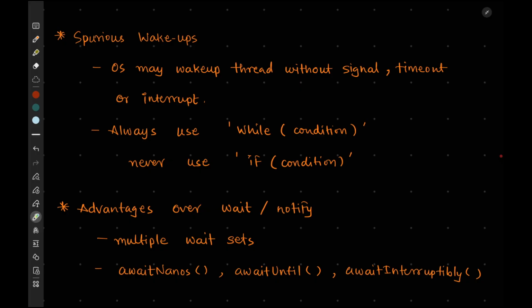The operating system may wake up a thread without any signal, timeout, or interrupt. The official Java documentation explicitly warns about this. That's why you always use a while loop and never an if block.